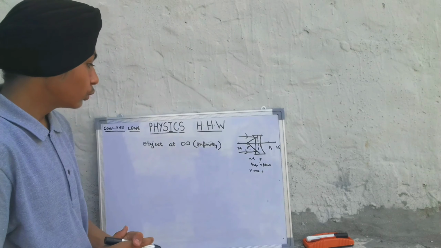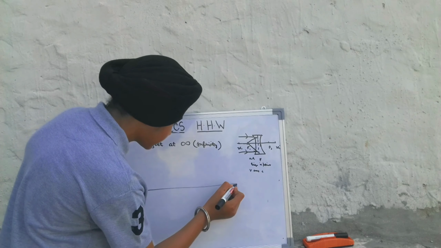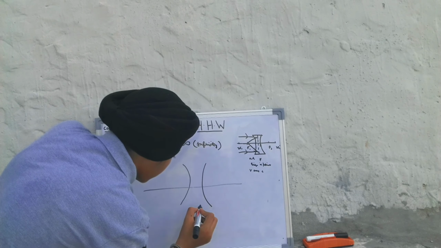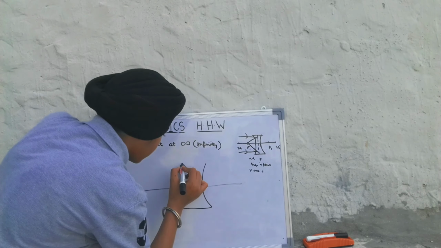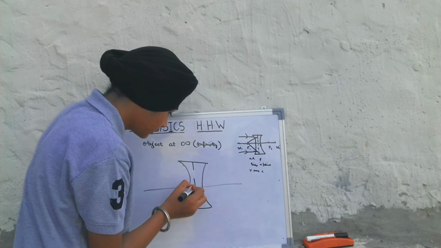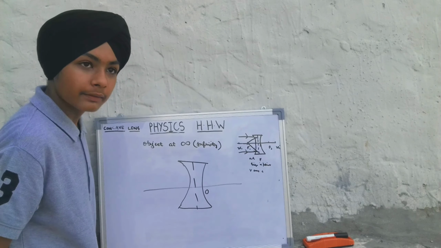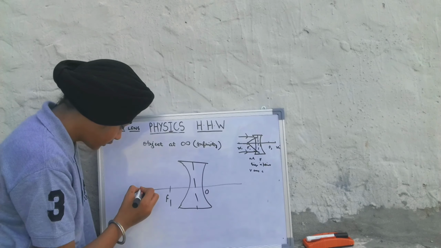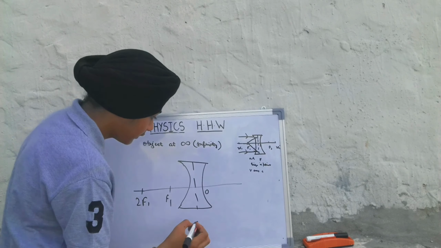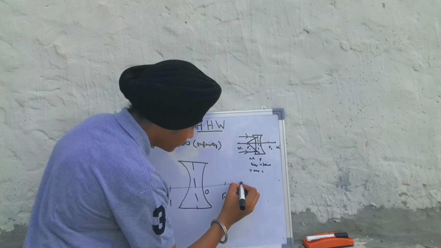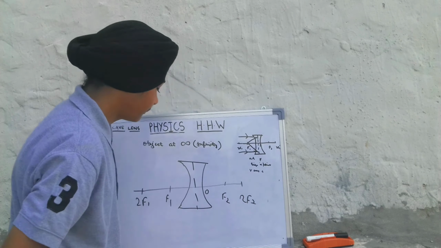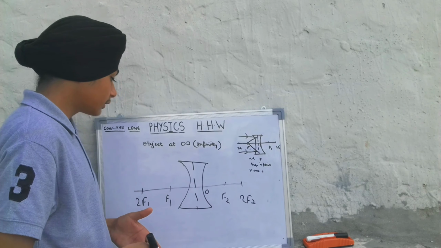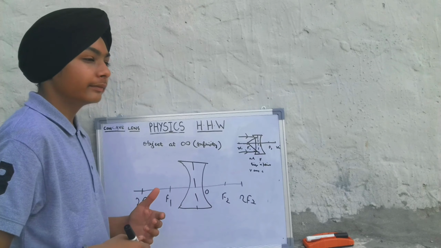So let's draw the principal axis, and here's the concave lens, and here's the normal, and this is the center. So here's F1 to 2F1, F2 and 2F2.